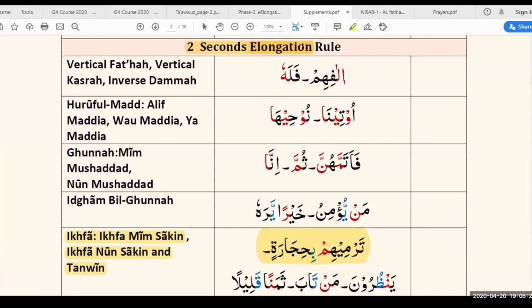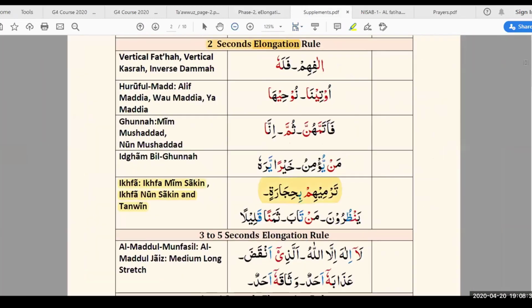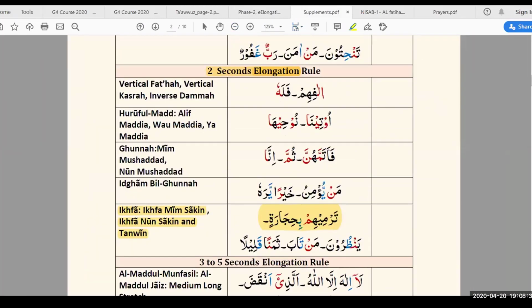I got this from the supplements file, and you can find this on the NQC website. When you go to the NQC website and search for course material, it's talimulquran.org.uk/courses/G4, holy Quran recitation course.